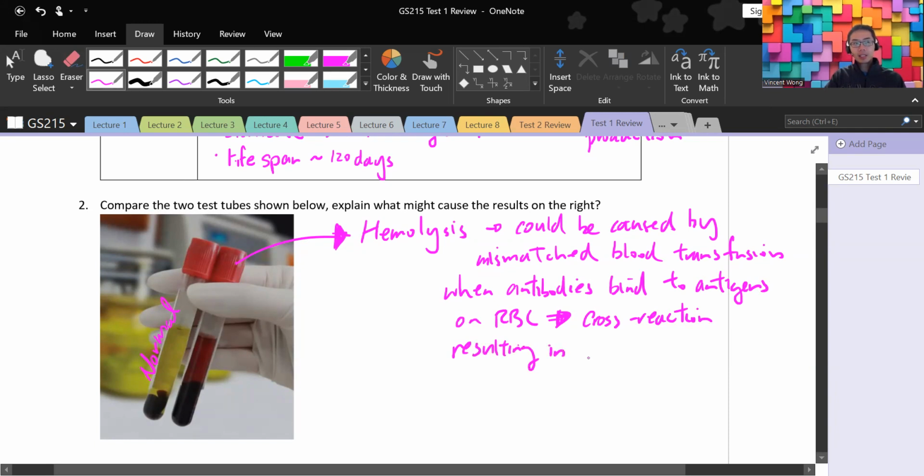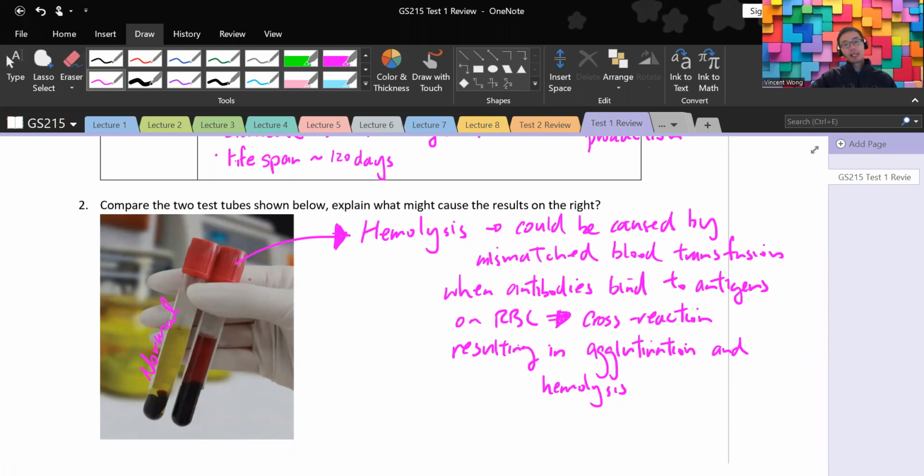Resulting in agglutination and hemolysis, right? So all your red cells basically burst, and the hemoglobin comes out, and that's why the plasma is reddish now, okay, because of the hemoglobin that came out from the red cell, and that's what happens when there's a mismatch of blood transfusion. I mean, that's one cause of hemolysis.